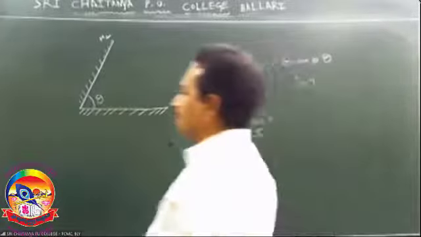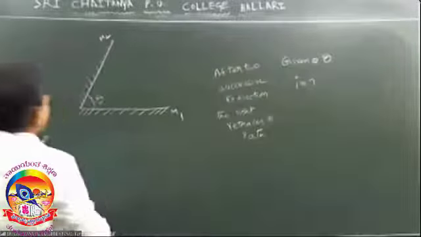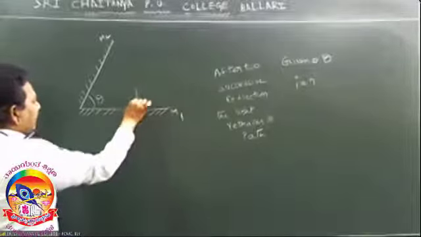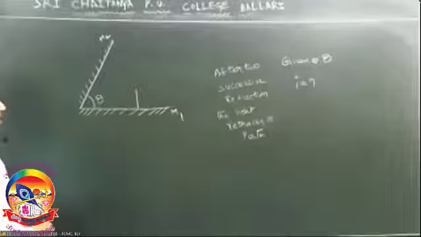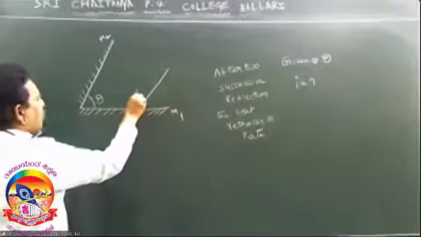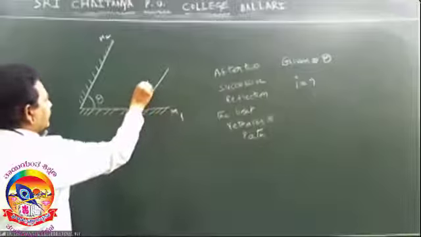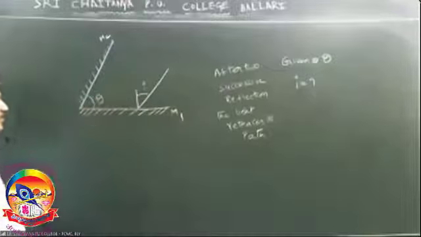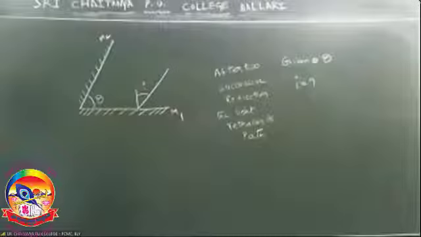Retrace its path. So let us consider this is the normal. This is the incident ray. I want this angle in terms of theta or independent of theta, whatever we call. Take down simultaneously.